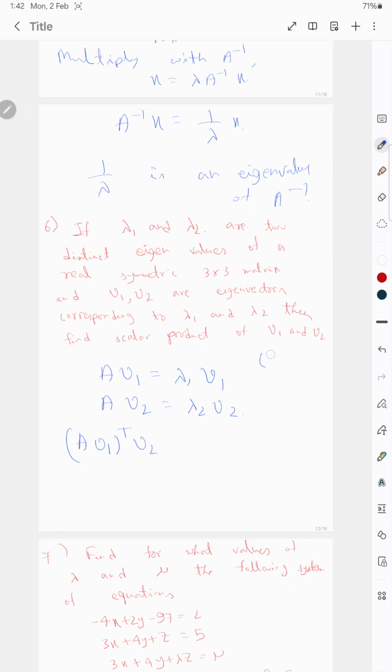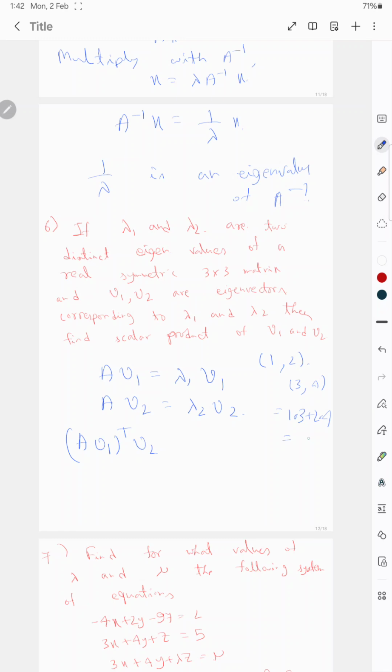For example, if you have (1, 2) and (3, 4), this is 1 into 3 plus 2 into 4.